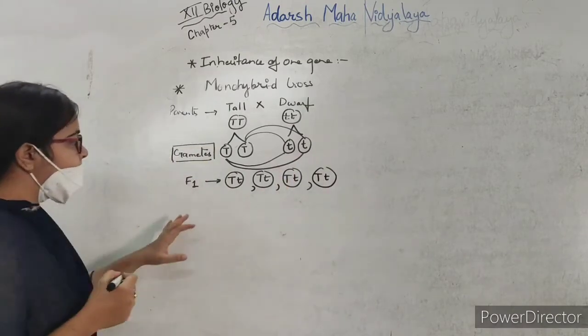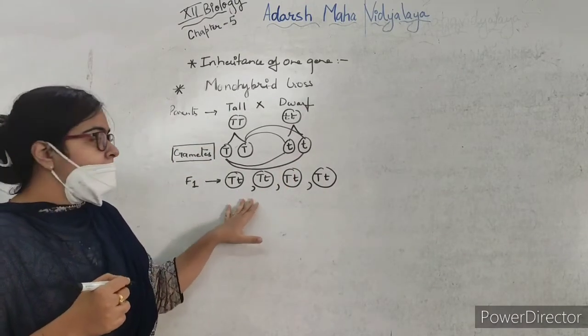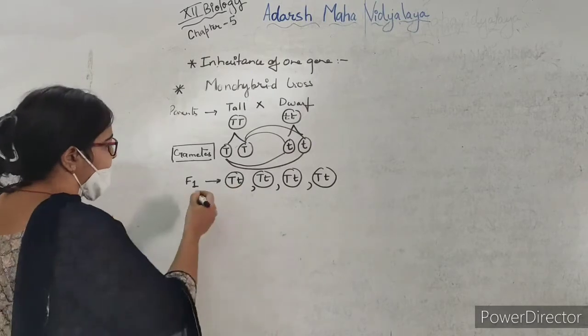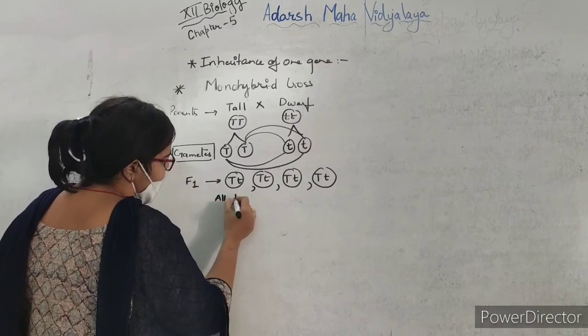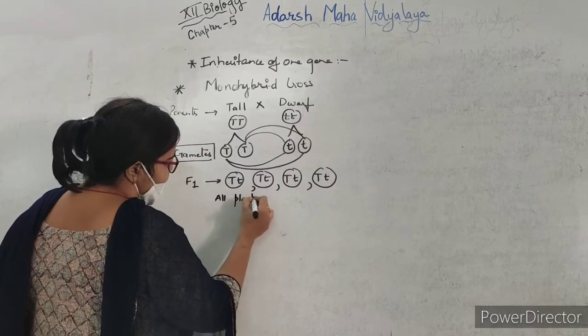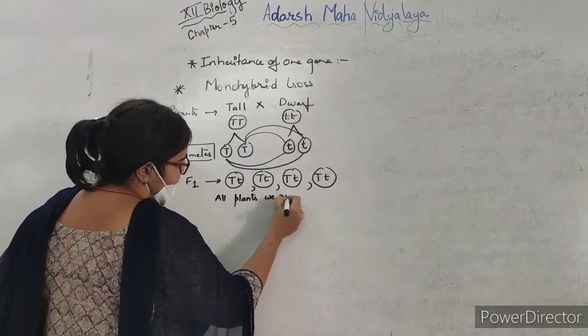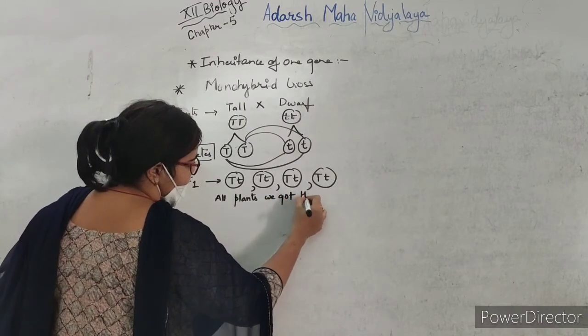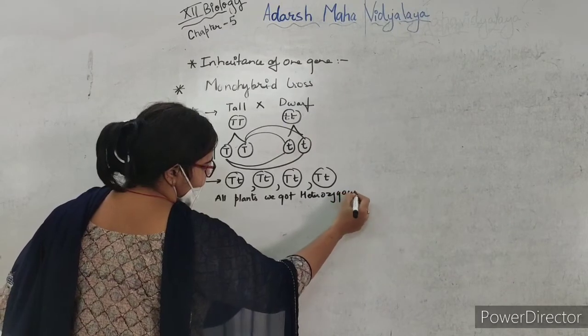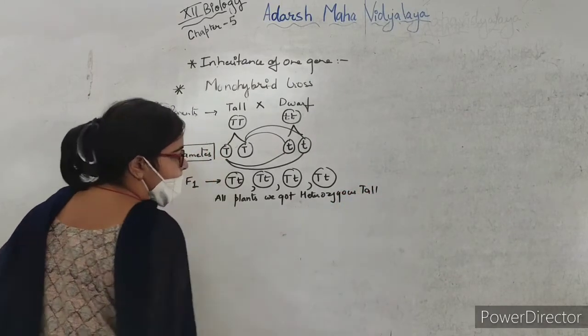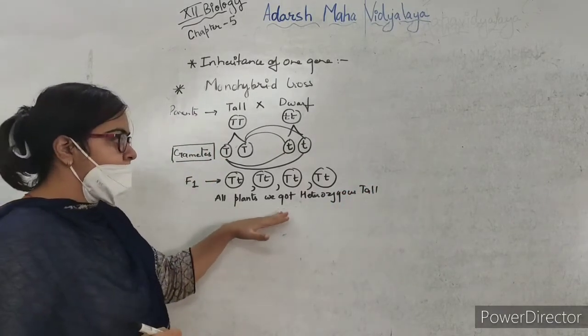So you can see here that all the plants we got in the F1 generation were tall. All plants we got were heterozygous tall.